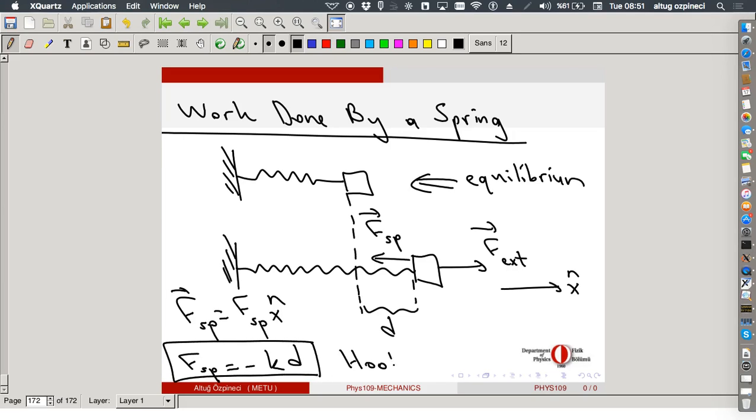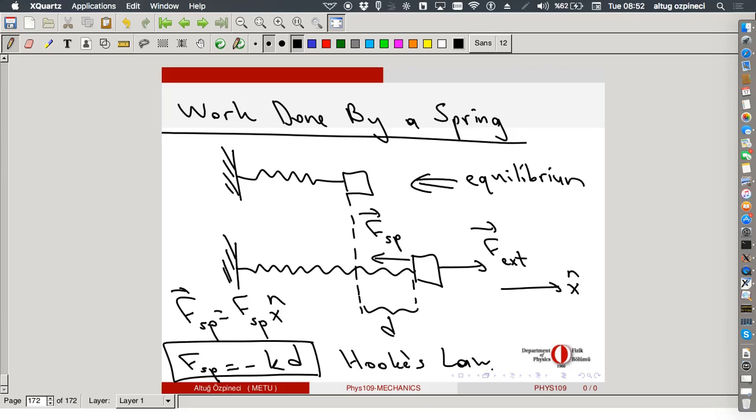This is what we call Hooke's law. So if d is negative, that is if you are compressing the spring, then negative times negative gives a positive number, so the force will be in the positive direction. These are also what we had discussed on Thursday.